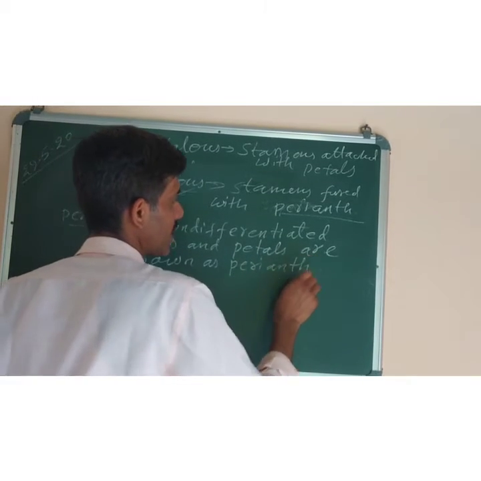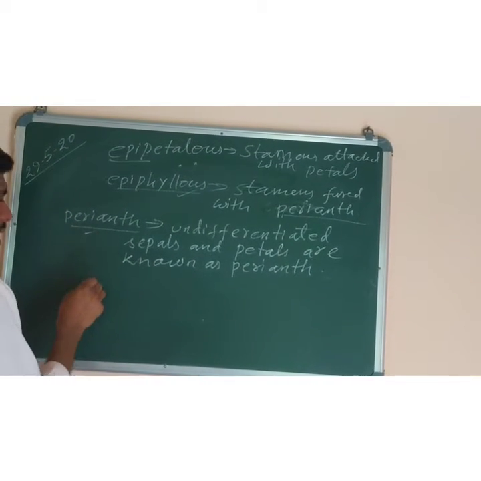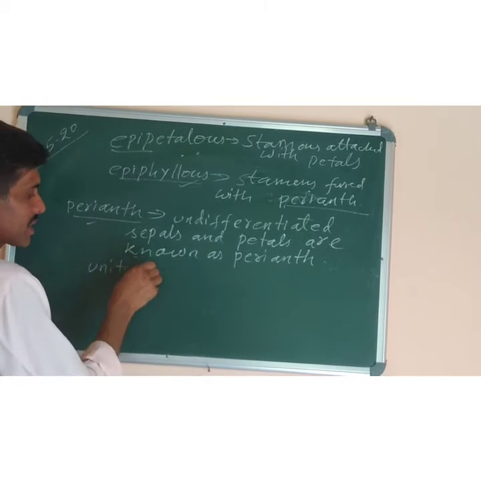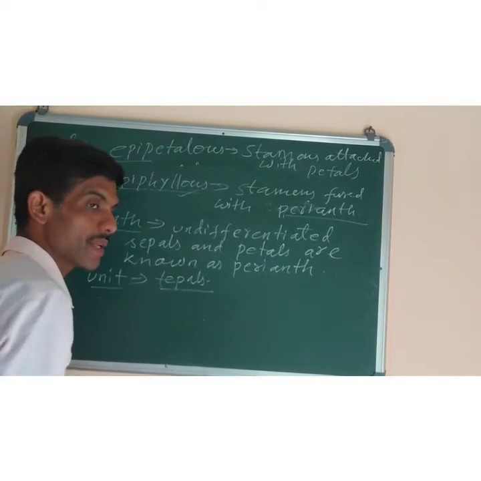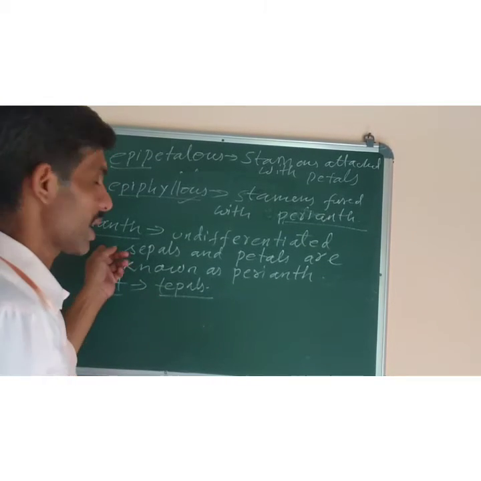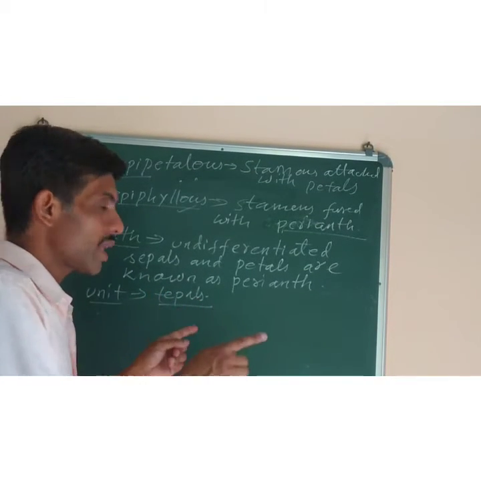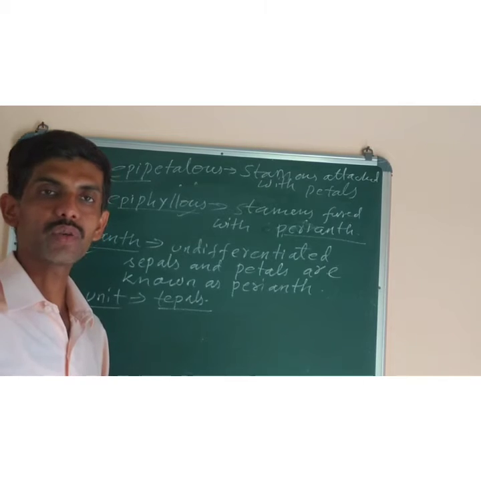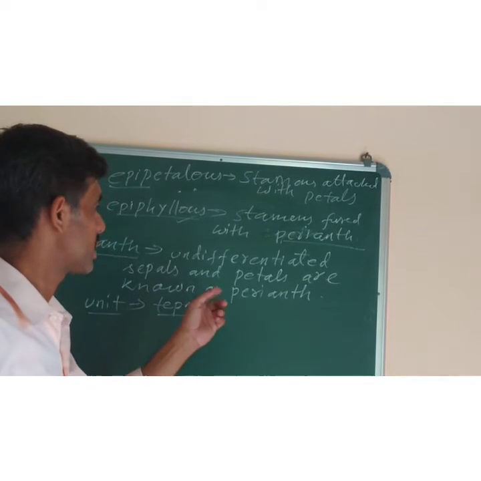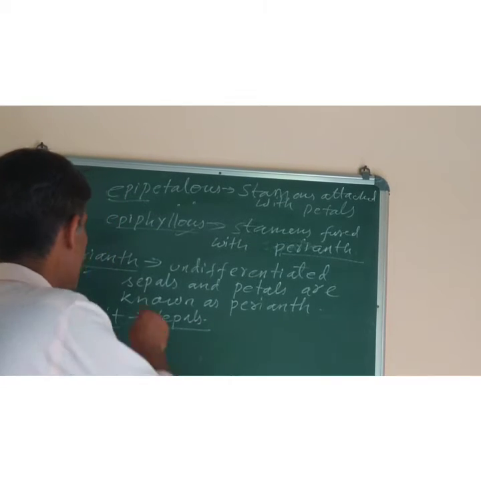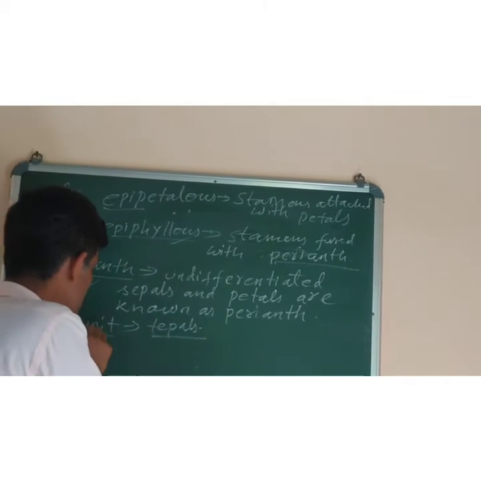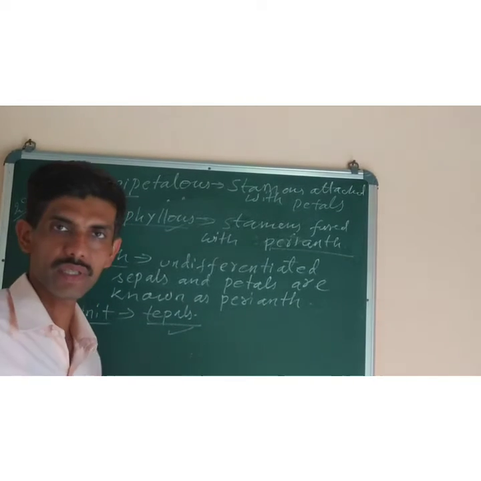Just like we have the calyx, corolla and all, perianth is there, and the unit of perianth, the single part, is called tepals. T-E-P-A-L-S. Tepals is the unit of perianth. When they are undifferentiated, when you cannot distinguish which one is calyx sepal and which one is petals, both of them fused together, that word is perianth. And the smallest part of it is called tepals. Okay.